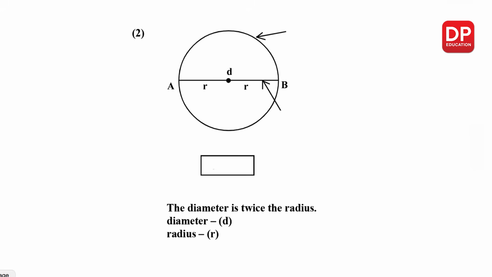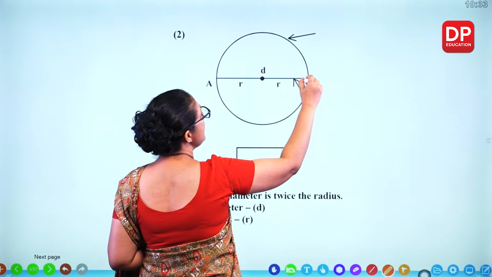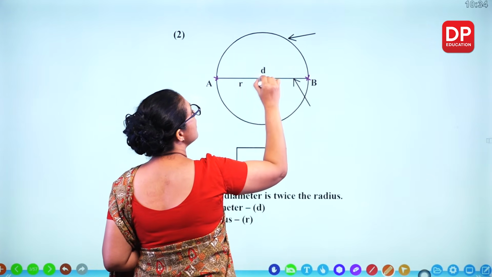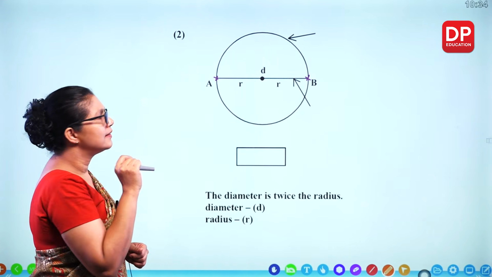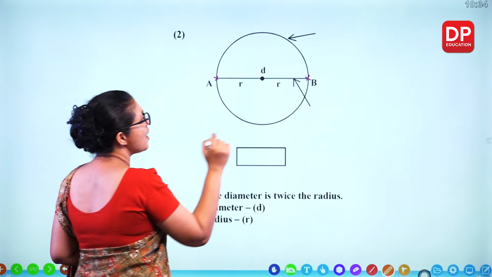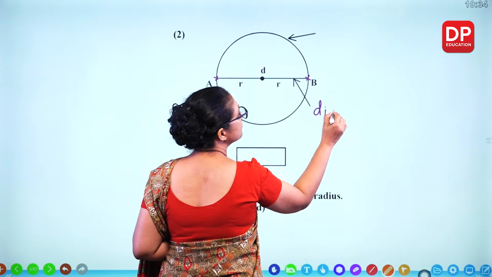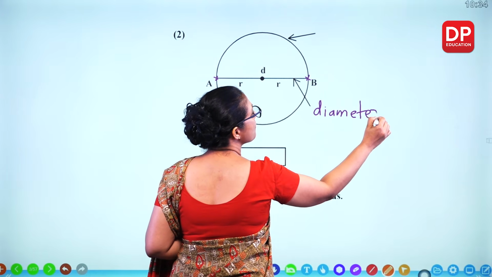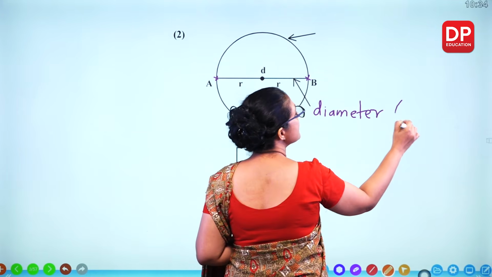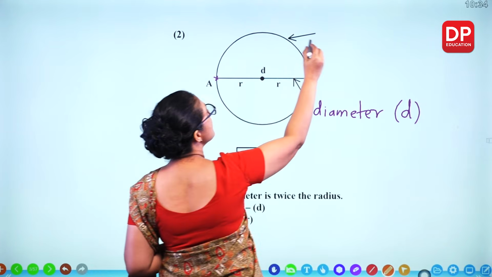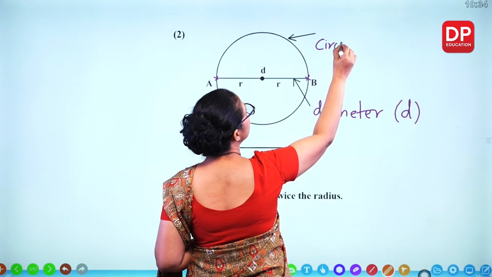What about this one? A line joining two points on the circle along the center. What do you call that? That's the diameter. What's the letter we can use? Simple D. And here this is the circumference.